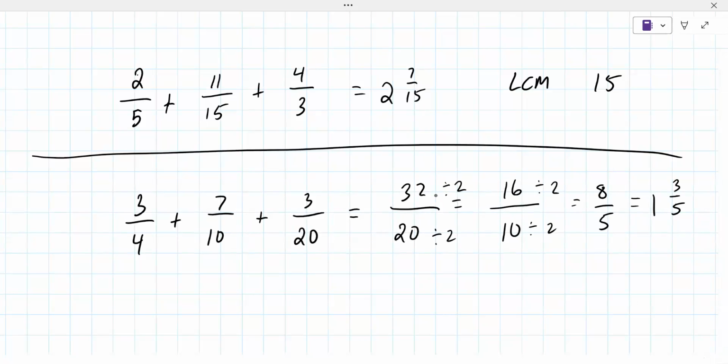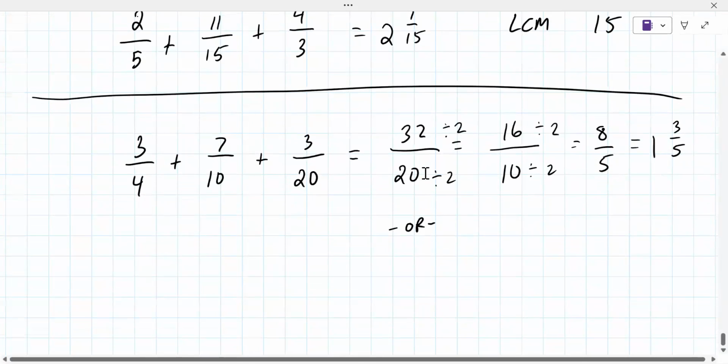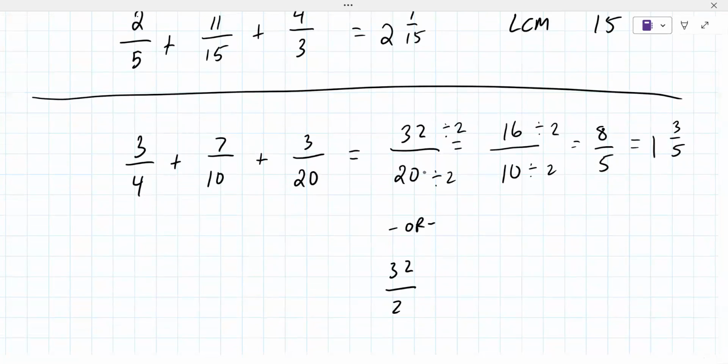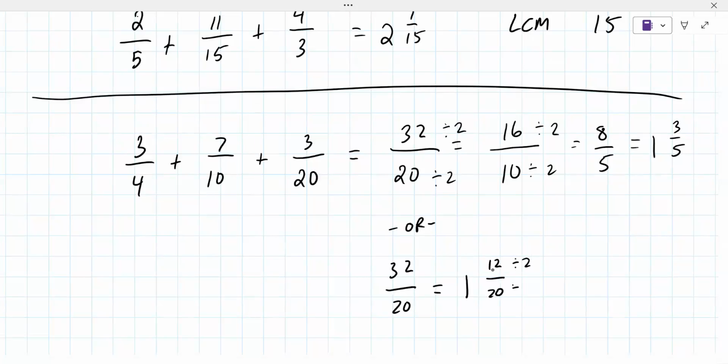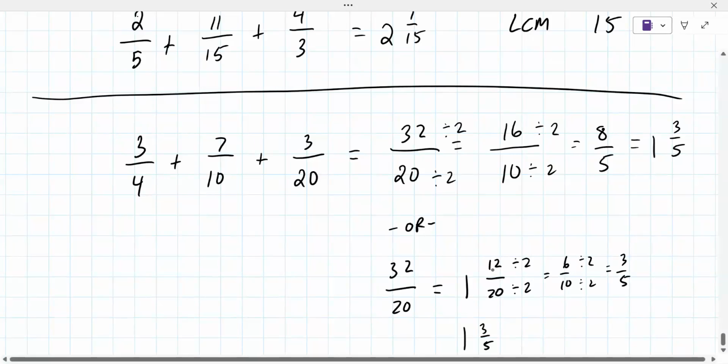Or the other option is you can go right from this 32/20 and write it as 1 12/20. But then you have to reduce this fraction: divide by 2, 6/10, divide by 2, 3/5. Okay.